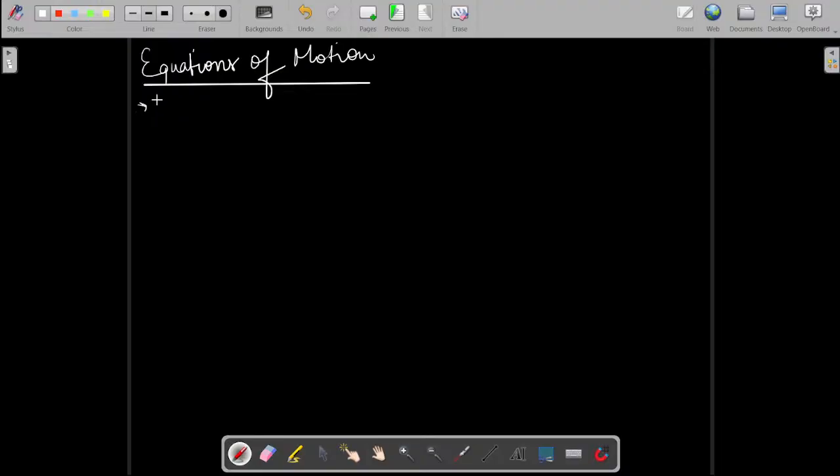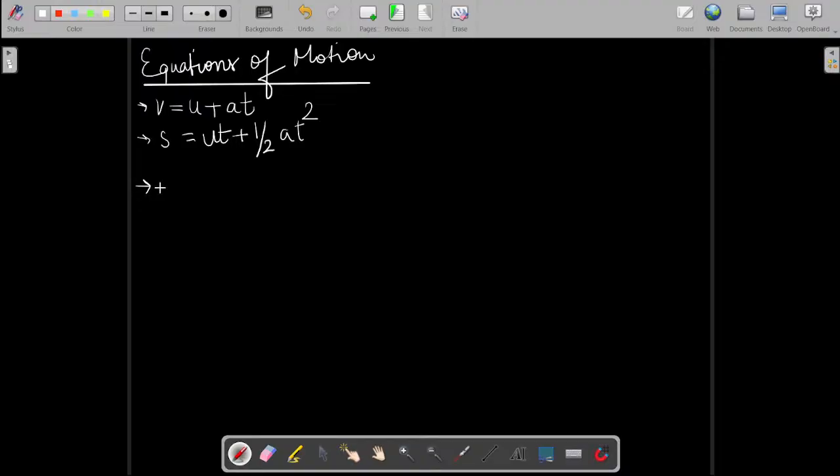V is equal to U plus AT, and second one S is equal to UT plus half AT square, and V square minus U square is equal to 2AS.